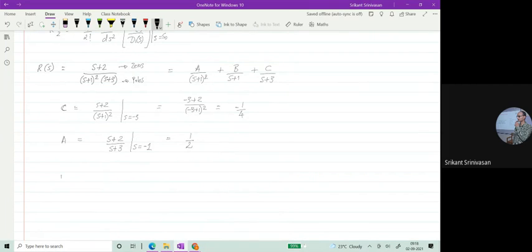What about the B part? B I have to do 1 by 1 factorial of what? d/ds of (s plus 2) divided by (s plus 3) and evaluate it at s is equal to minus 1. What is this working out to be?